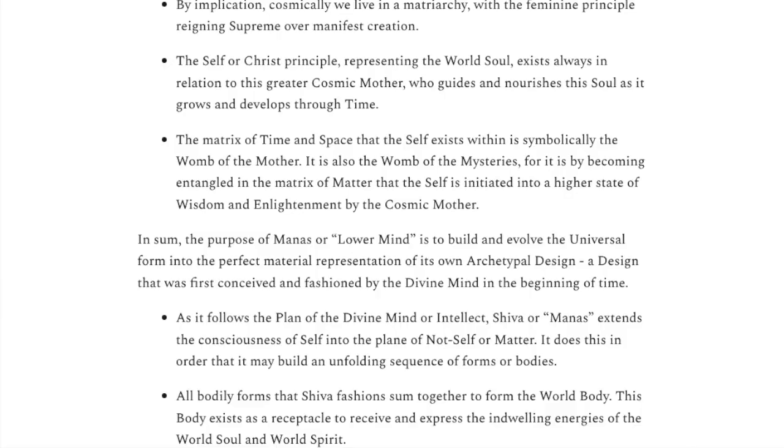So in sum, the purpose of manas, or the lower mind, is to build and evolve the universal form into the perfect material expression of its own archetypal design, a design that was first conceived and fashioned by the divine mind in the beginning of time.